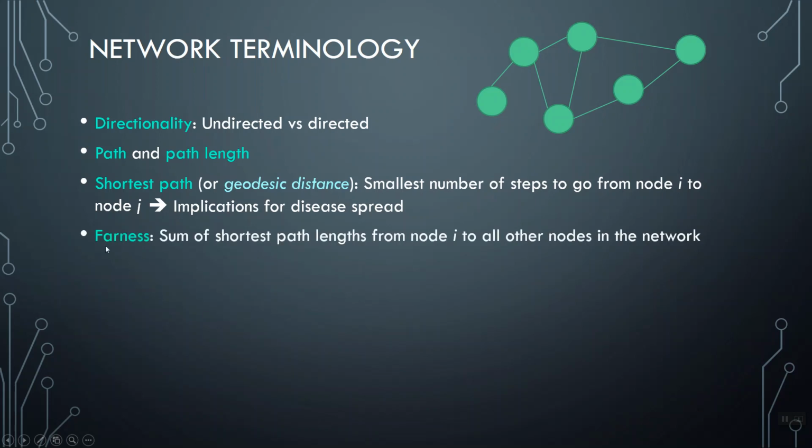The concept of farness is the sum of those shortest path lengths, the length of those shortest paths from node I to all the other nodes of the network, okay? So let's say we have this node I. For this one to reach this one, the shortest path is 1, okay? So put it on the side, that's 1.